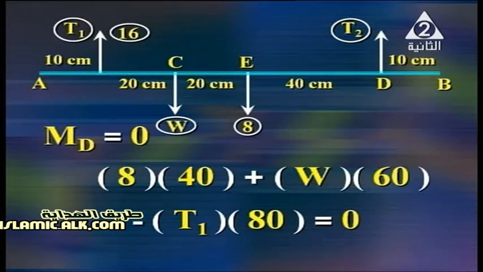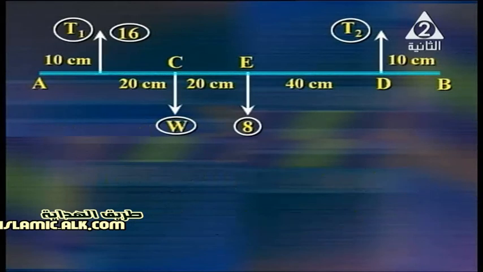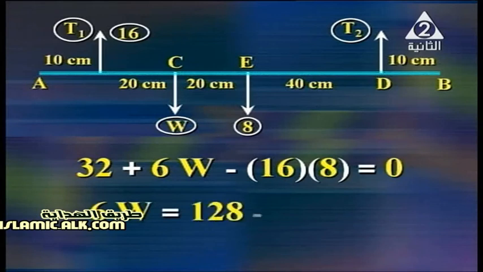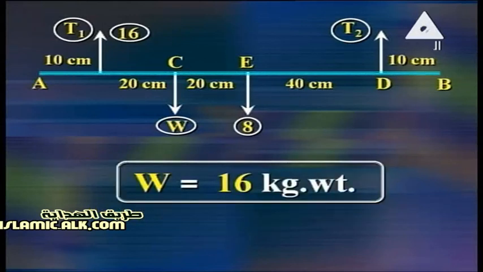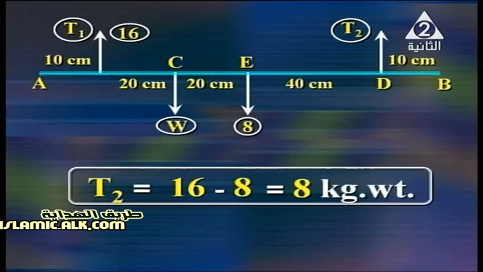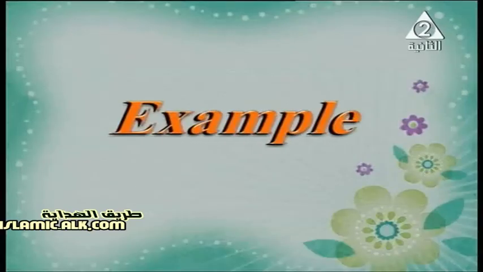We form the second equation; we have 2 unknowns, but by substitution from 1 into 2, therefore 32 plus 6W minus 16 times 8 equals 0. 6W equals 128 minus 32 equals 96. W equals 16 kilogram weight. After that, T2 equals 16 minus 8 equals what? 8 kilogram weight. Look at another example.